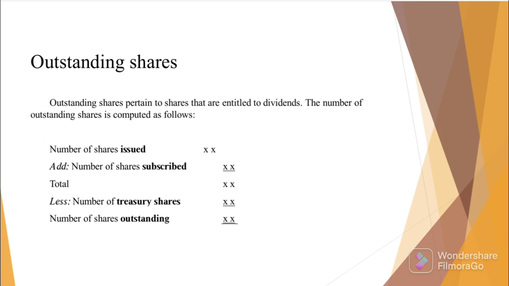Outstanding shares are shown on the company's balance sheet under the heading Capital Stock. Outstanding shares pertain to shares that are entitled to dividends. The number of outstanding shares is computed as follows: number of shares issued plus number of shares subscribed, less number of treasury shares, and the total would be the number of shares outstanding.